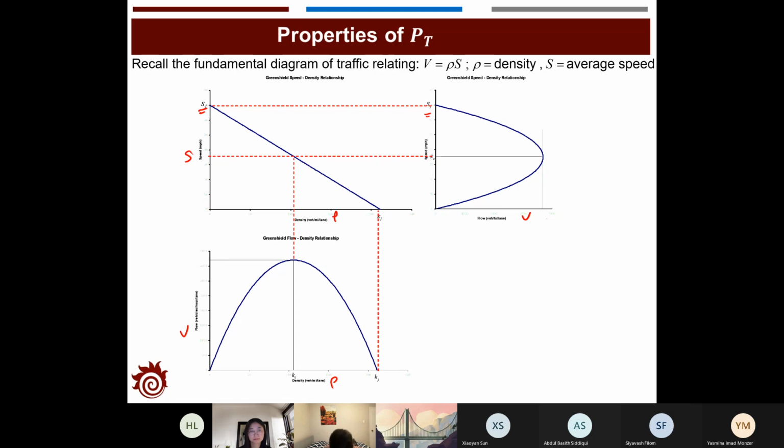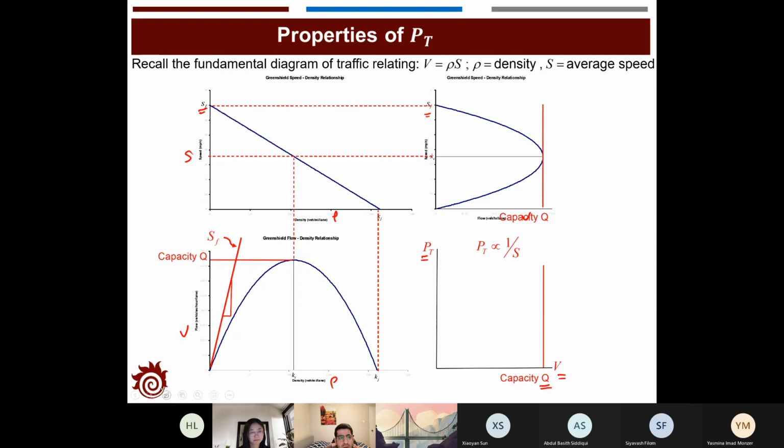With a similar process, you can identify the relationship between the travel cost and the volume. Basically, the demand can only reach its capacity, that is capital Q. For the Greenshields fundamental diagram, even under the non-congested case, the speed is not constant. The speed is decreasing with respect to the increased density.